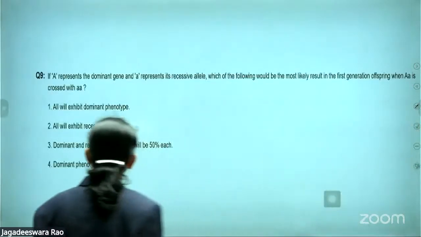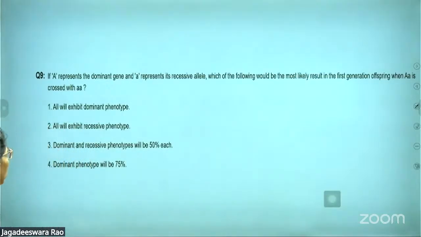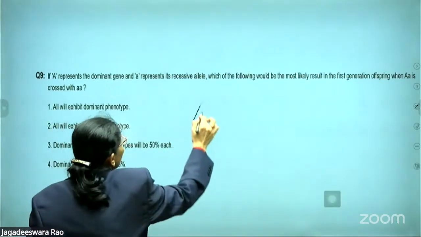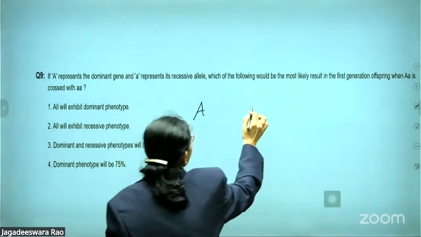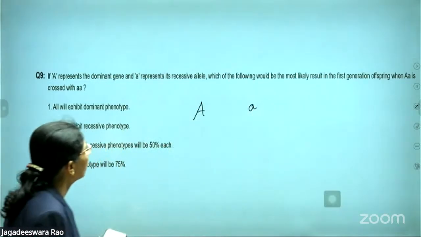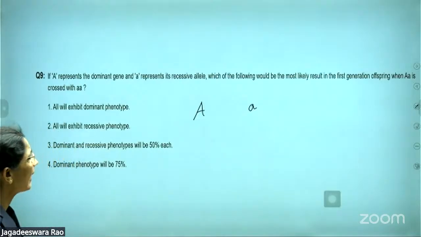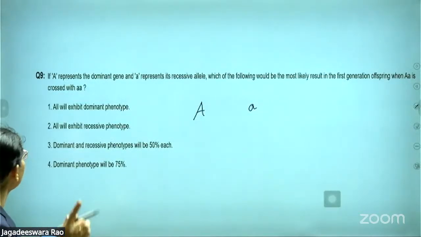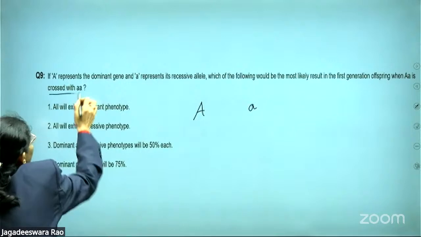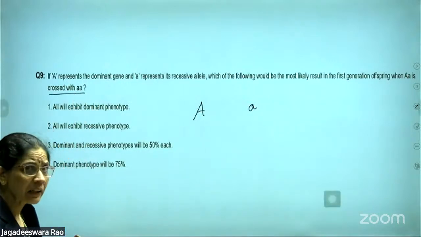If A represents the dominant gene, what is A? A is dominant, and small a represents recessive. Which of the following would be the most likely result in the first generation offspring when capital A, small a is crossed with small a, small a? Again, they are asking about test cross only.